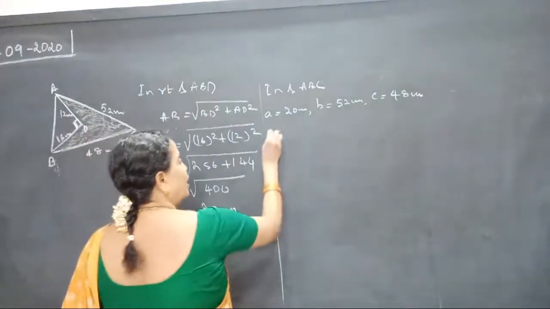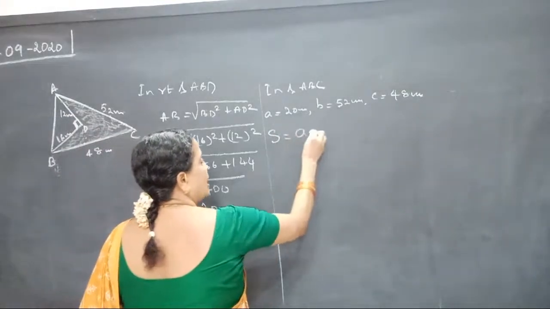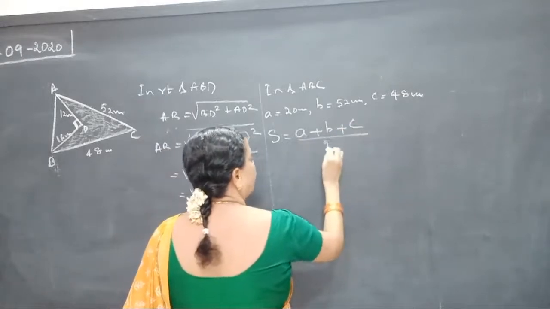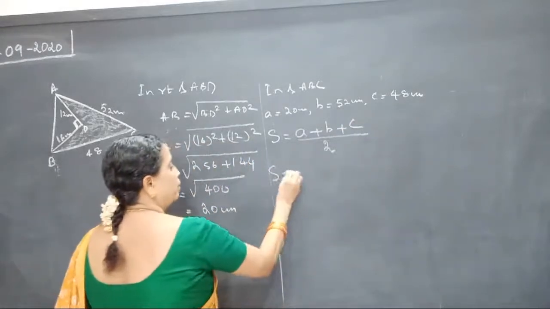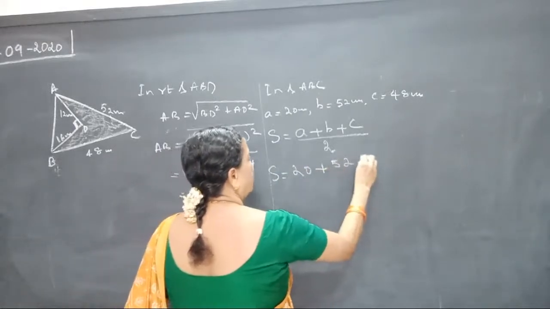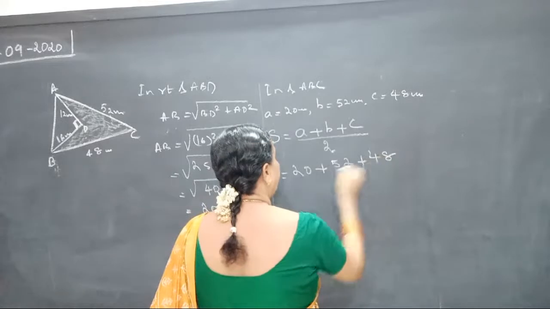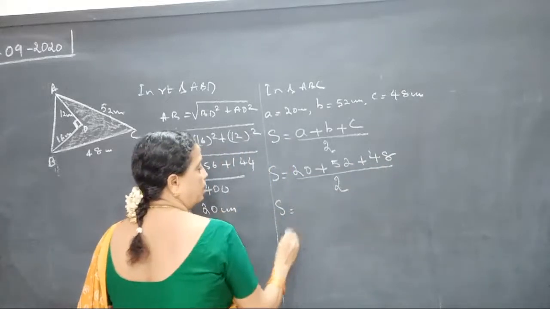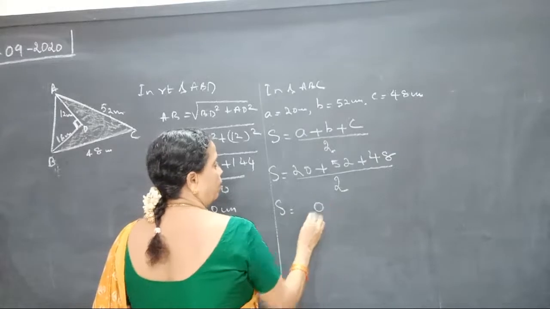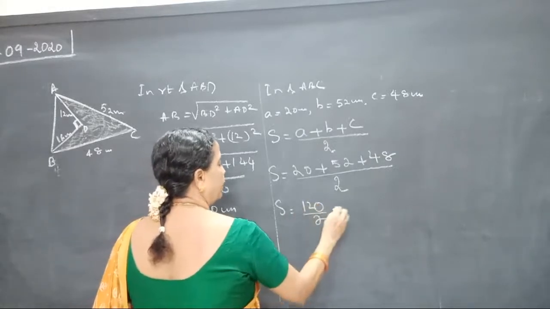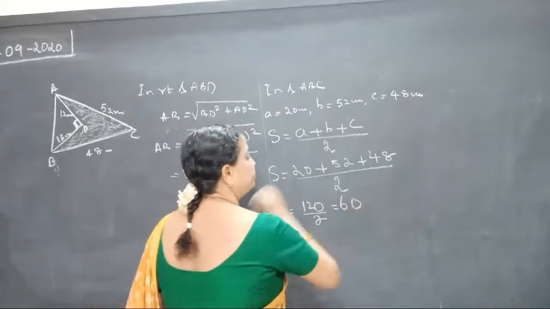So for that we require the semi-perimeter, A plus B plus C upon 2. S equals 20 plus 52 plus 48 by 2. 8 plus 2 is 10, 5 plus 5 is 10, plus 2 is 12, by 2, it is 60.